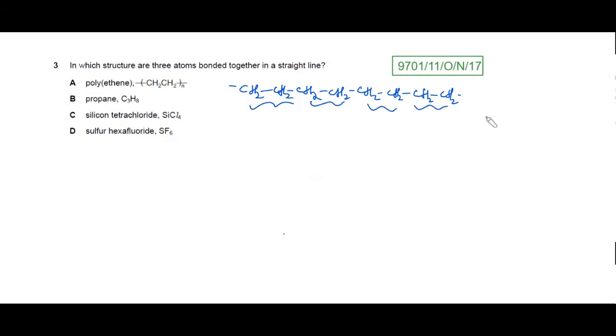But the point to be noticed is that each of the carbon atoms, there are n units, so there are no 3 atoms, but even otherwise, if you're considering one carbon atom also, it is not having 3 atoms linked in a straight line, because this carbon is having a tetrahedral arrangement of the hydrogens and the other carbon to it.